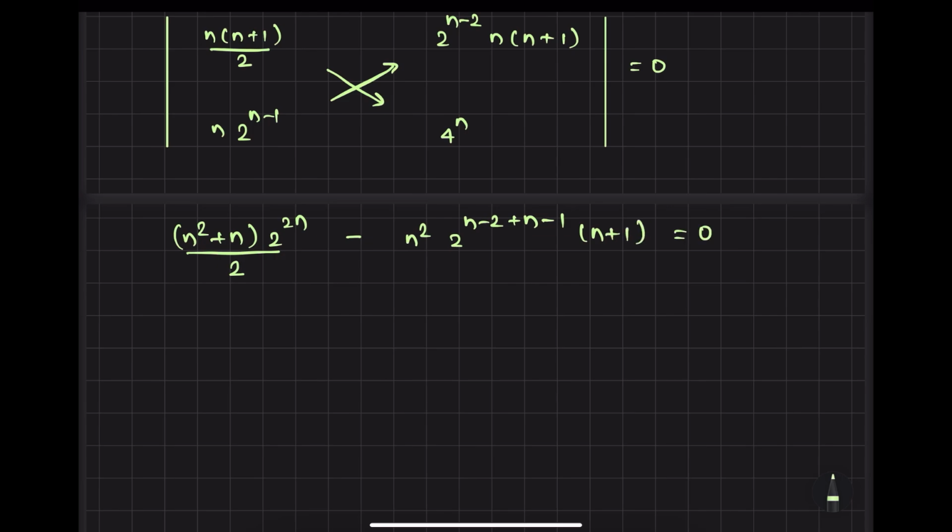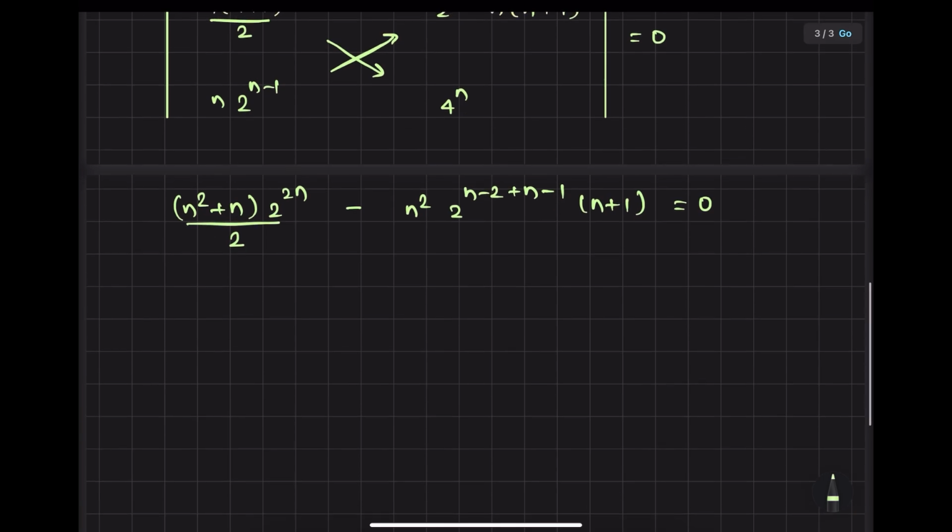We will do a little bit more simplification. So it is n square n, and then 2 power 2n minus 2. Okay, no, that was correct. Okay, minus n cube plus n square. There was no need to do that, but still okay. So 2n minus 3 equals to 0.